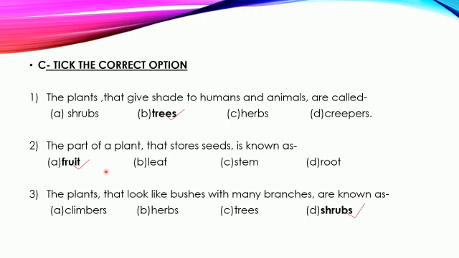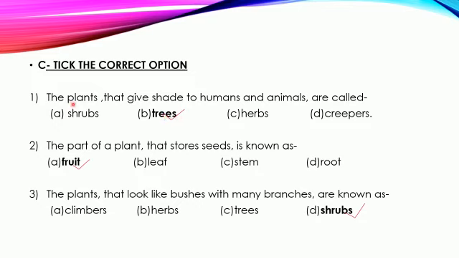Next, question number C is tick the correct option. So here a statement is given and 4 options are there. But only one option is the right one and you have to find that correct answer and tick that. Let us see.